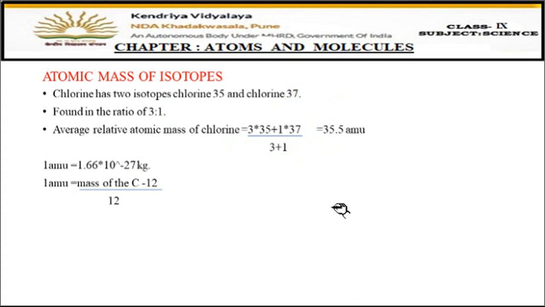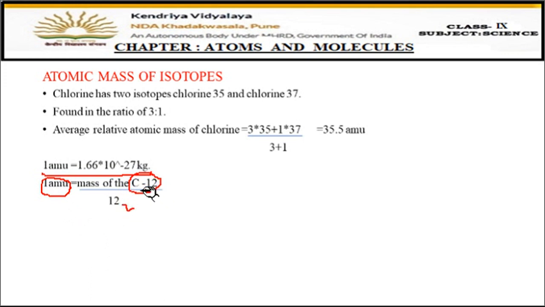Now we have discussed that in kg, 1 AMU is equal to 1.66 into 10 raised to minus 27 kg. And what is 1 AMU? 1 AMU is the unit found by dividing the mass of the carbon 12 atom by 12.